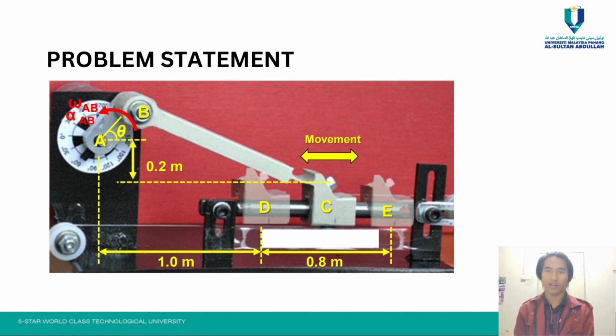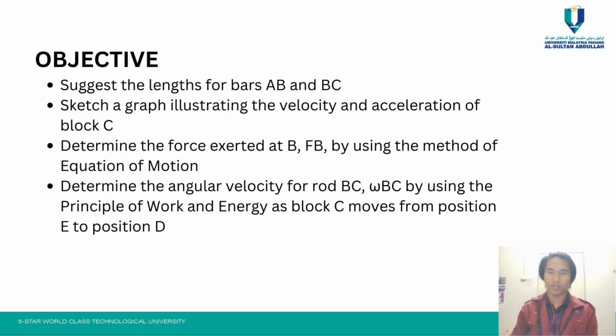As you can see, it has 5 points: A, B, C, D, and E. The objective of our group project is to suggest the lengths of bars AB and BC, sketch the graph illustrating velocity at point C and acceleration at point C, determine the force exerted at B by using the method of equation of motion, and determine the angular velocity of rod BC by using the principle of work and energy as the block C moves from position E to D.